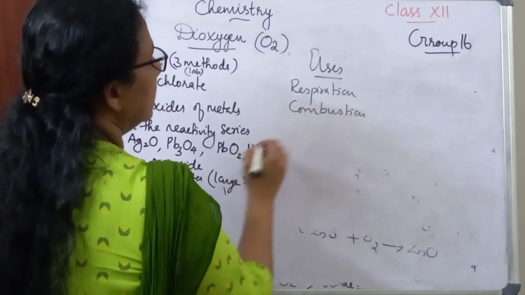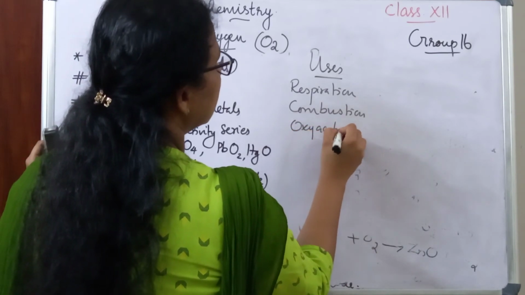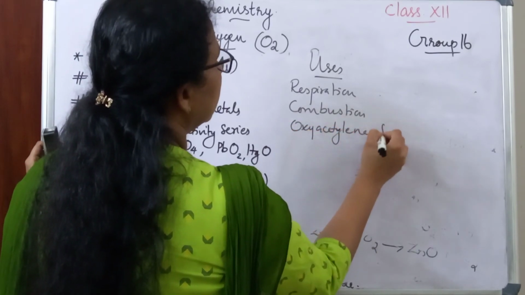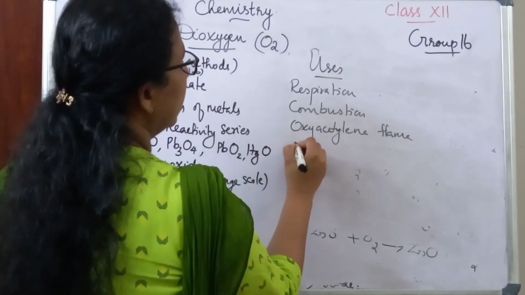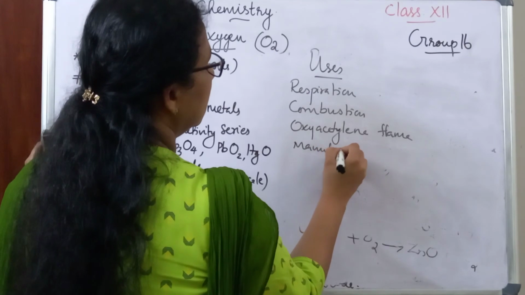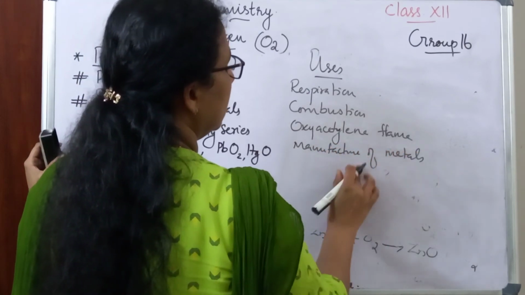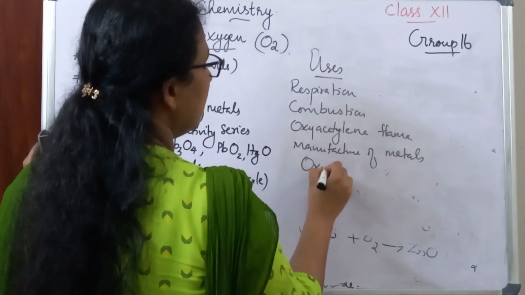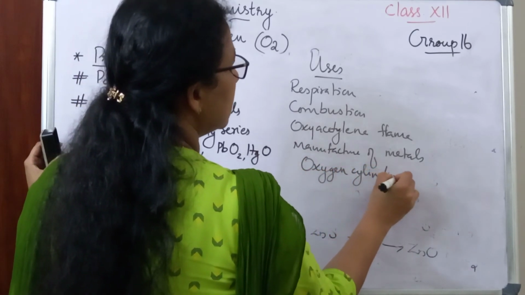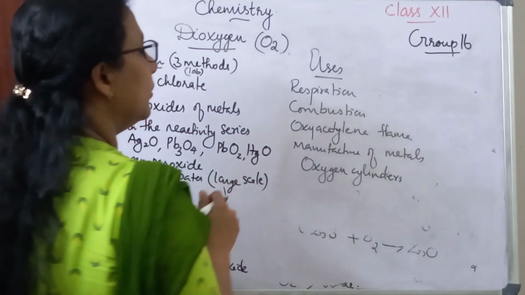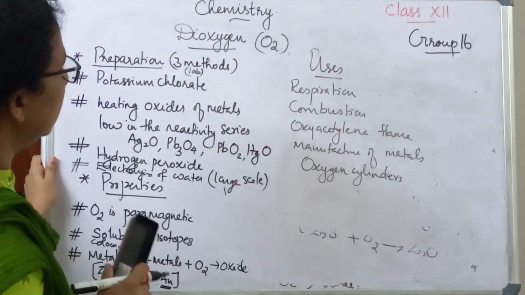Then it is used in the oxyacetylene flame, and it is used for the manufacture of different metals. Then it is used in oxygen cylinders. These are important uses of oxygen. So this is about dioxygen.